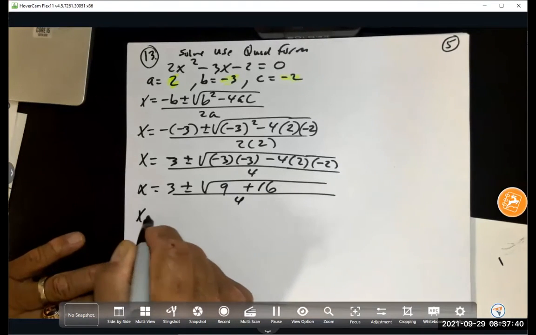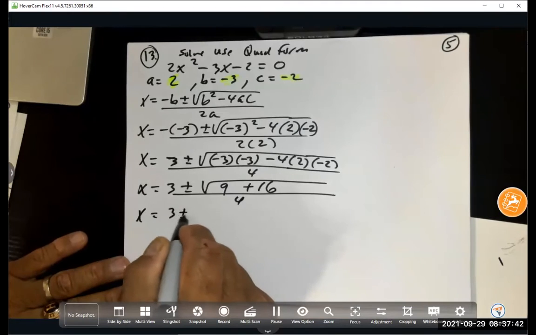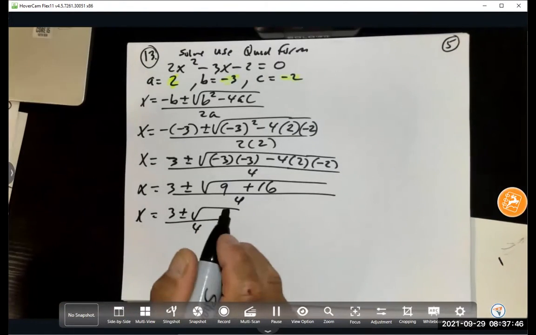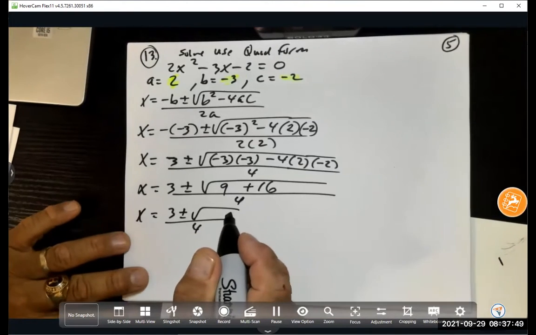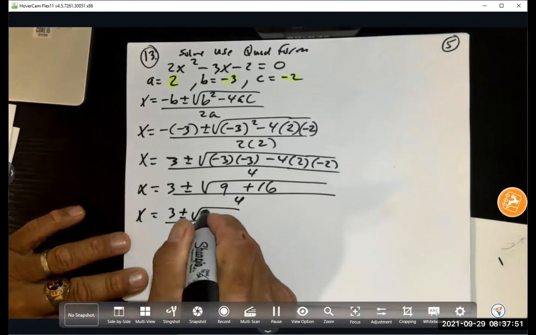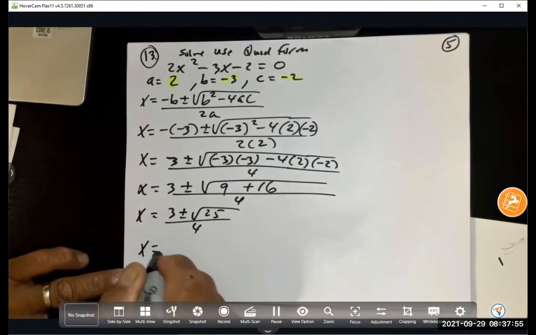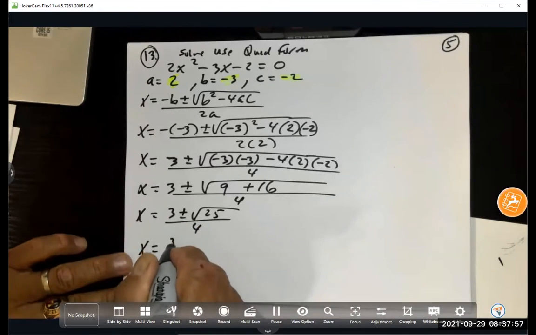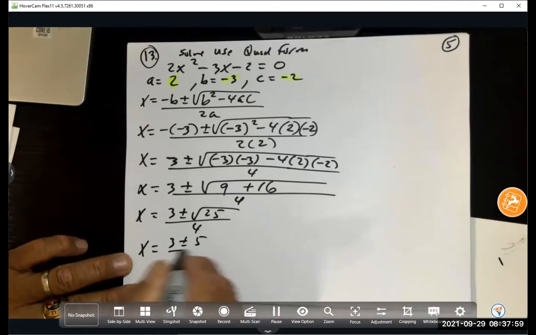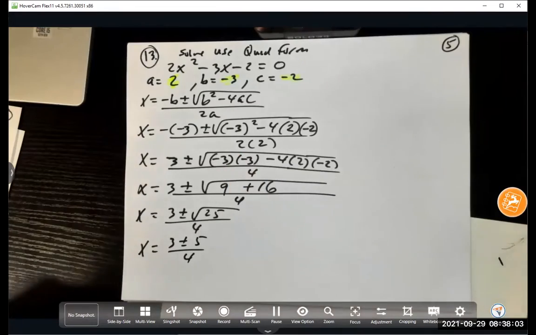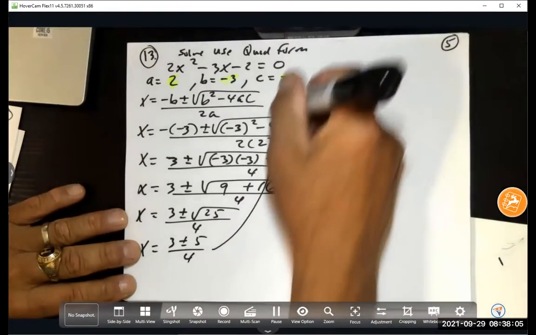All right, so I'm going to add those numbers together. What is 9 plus 16? 9 plus 16 is 25. And the square root of 25. What's the square root of 25? It is 5. All right. So now we got 2 answers. Go back over here.